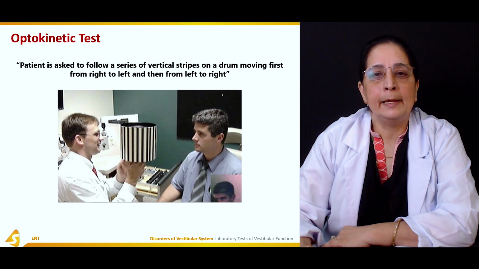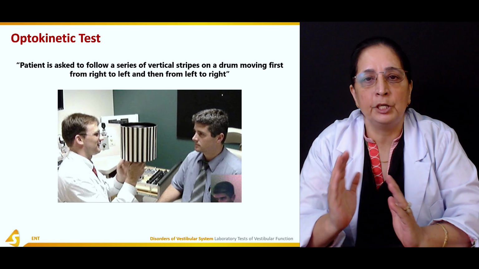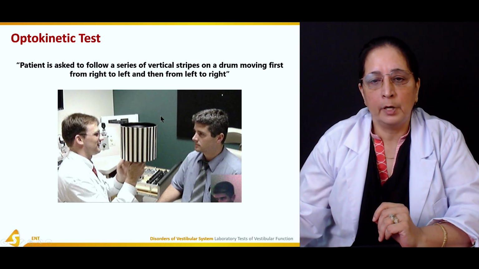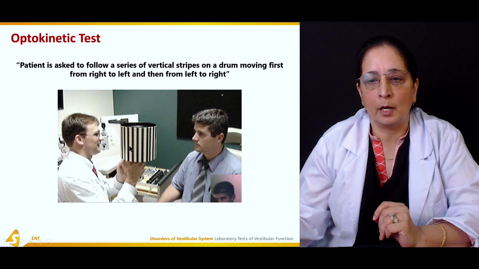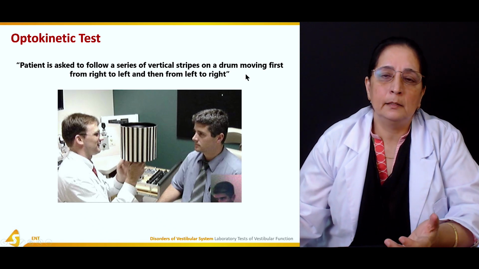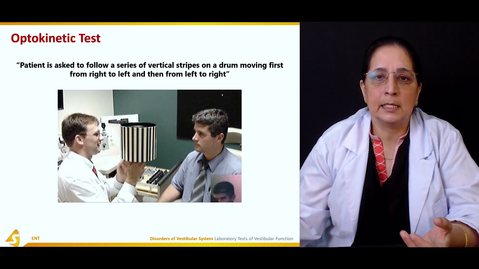Then optokinetic test. Optokinetic test is a test in which the patient is asked to follow a series of vertical stripes on a drum, moving first from right to left and then from left to right, to check if this can cause nystagmus in the patient.